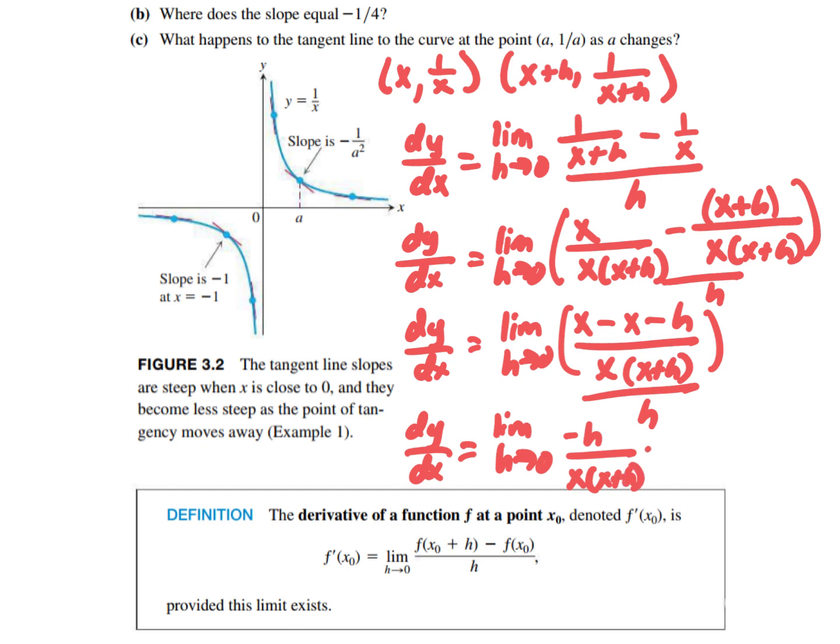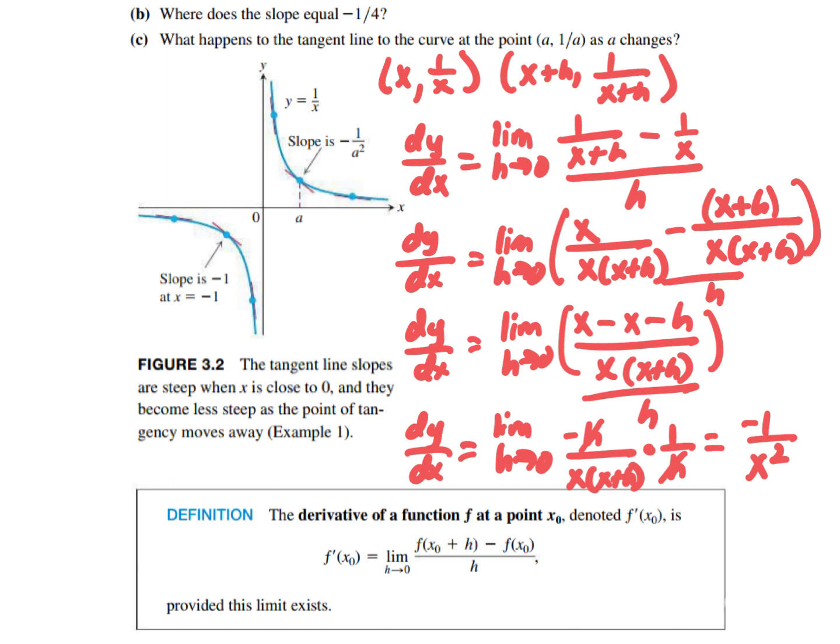But when I divide by that other h in the denominator, it's the same thing as multiplying by 1 over h, because dividing by h and multiplying by 1 over h are the same thing. And now when I substitute in h is 0, because that's what you do in a limit, you end up with -1 over x squared. That's what we call the derivative of the function.